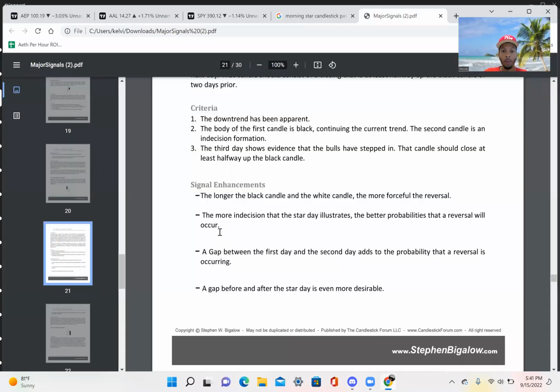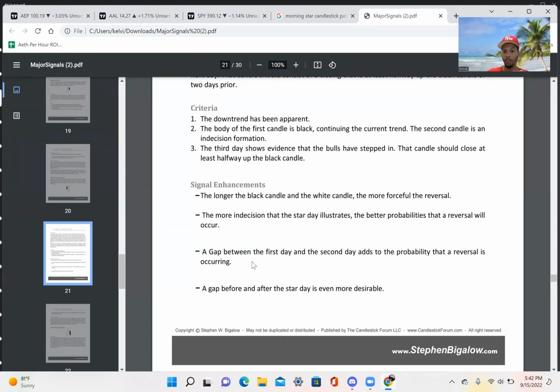The more indecision that the star day illustrates, the better the probability that a reversal will occur. A gap between the first day and the second day adds to the probability that the reversal is occurring, right? And remember this, because I'm going to talk about this.